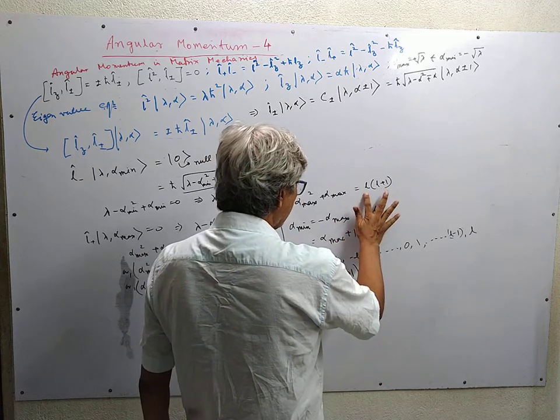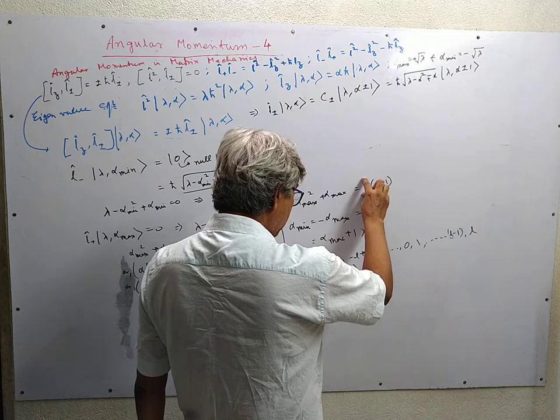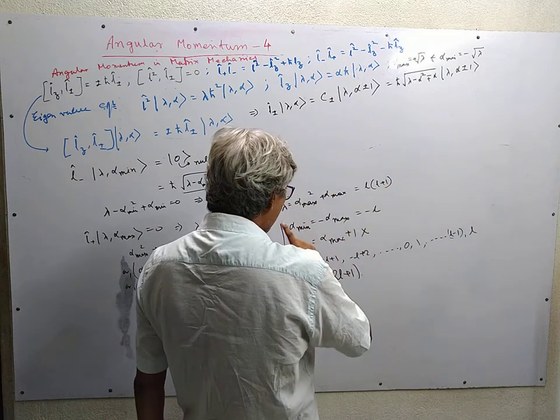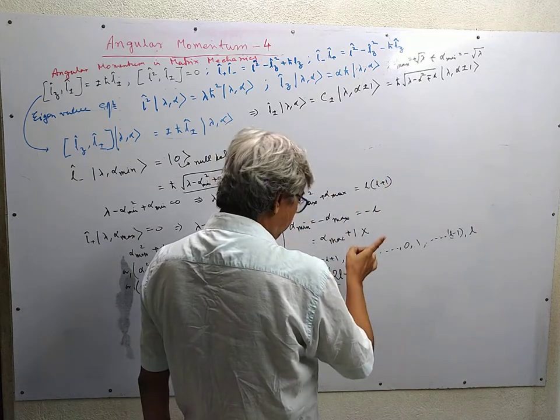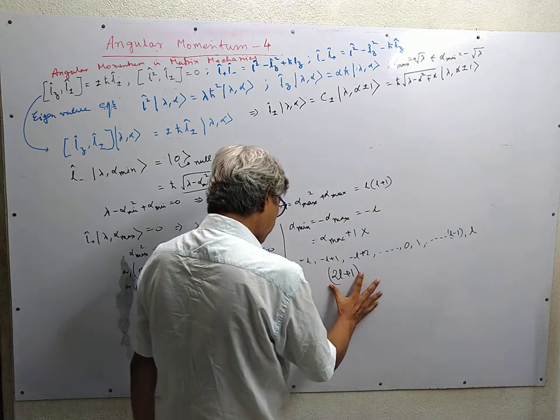What we know about this is that for a given value of L, alpha ranges from minus L to plus L in steps of unity, so it will have 2L plus 1 values.